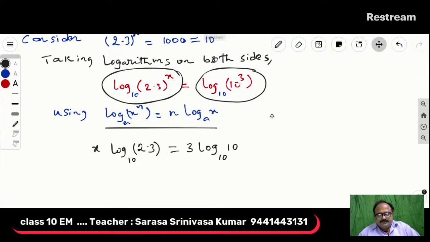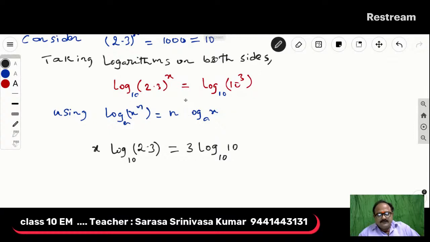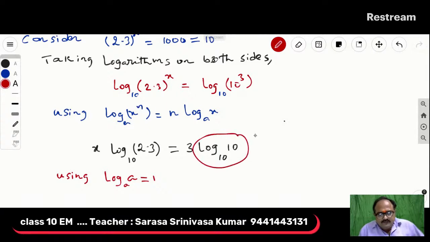In the next step, we use the formula log a to the base a equal to 1. Here log 10 base 10 equal to 1.